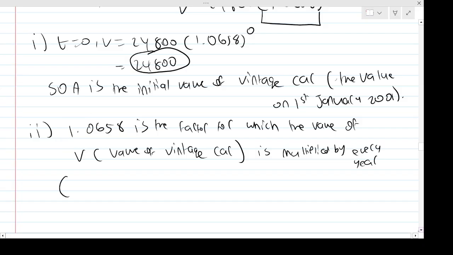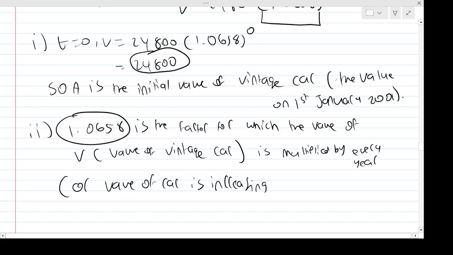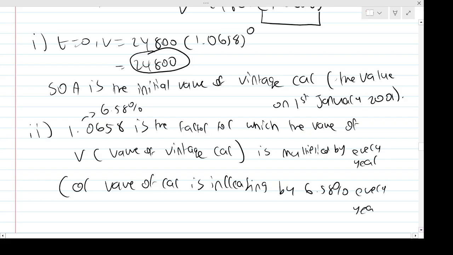So if we convert this multiplier to a percentage, that'll be 6.58%. So it's increasing by 6.58% every year. You can think of it either way. That can be quite tricky to spot.